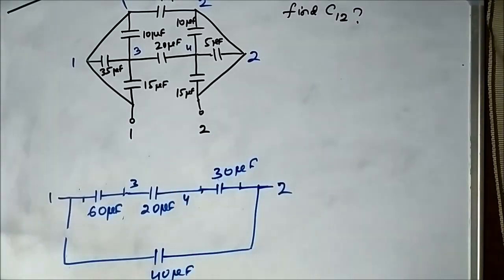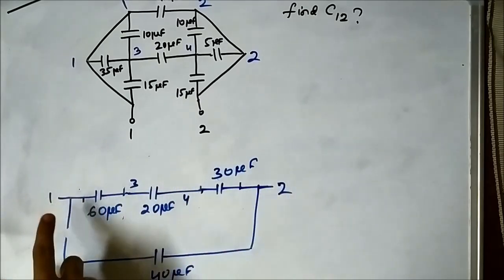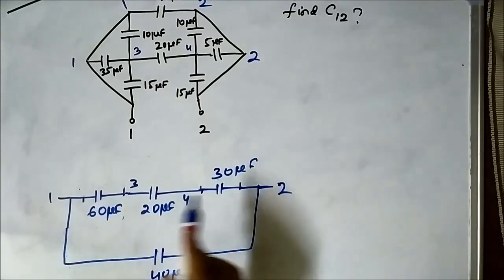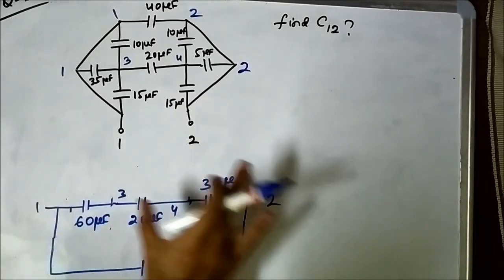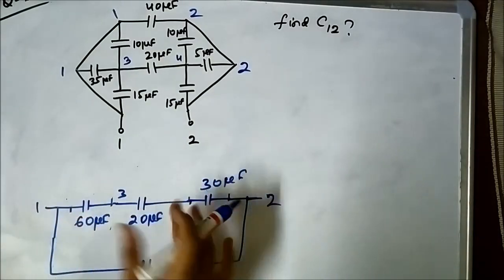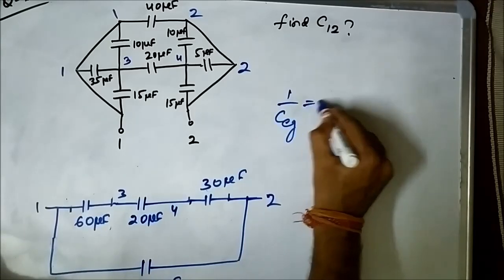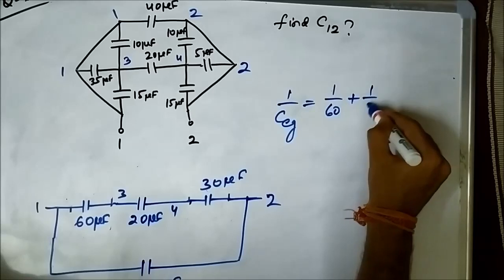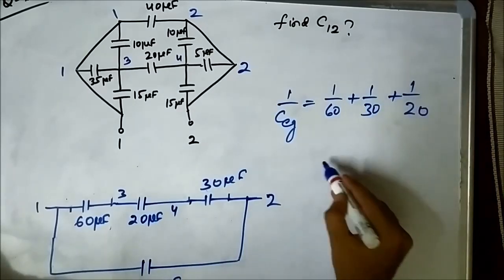Now the 60 microfarad, 20 microfarad and 30 microfarad are connected in series across the points 1 and 2. So the equivalent capacitance of these three capacitors will be, because they are connected in series, 1 by C equivalent equals 1 by 60 plus 1 by 30 plus 1 by 20.